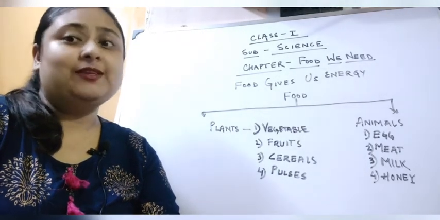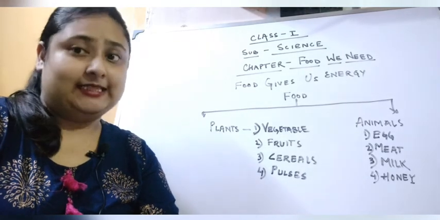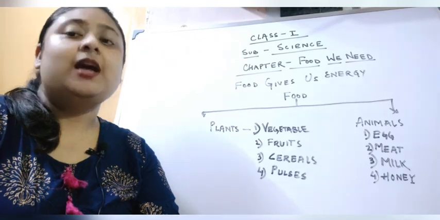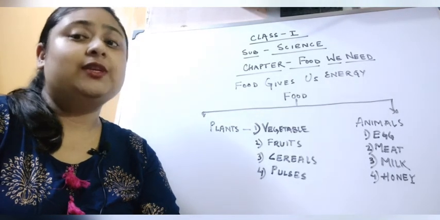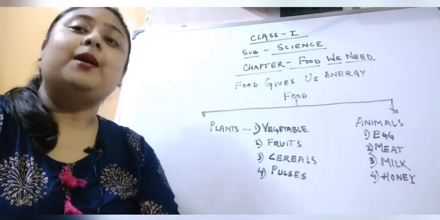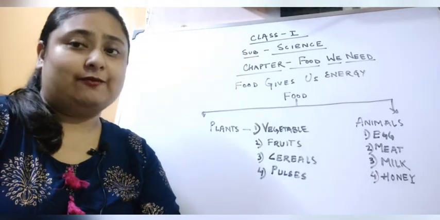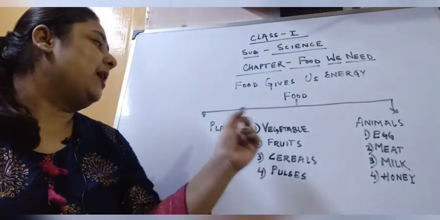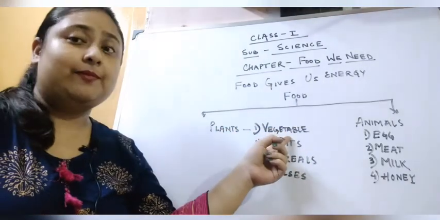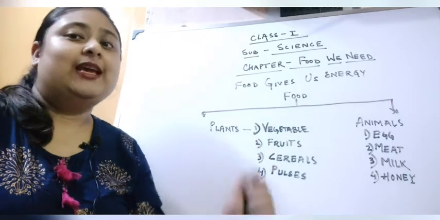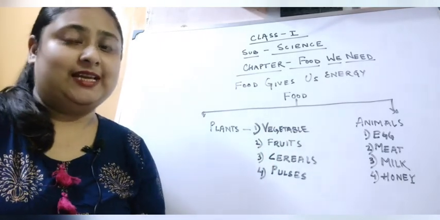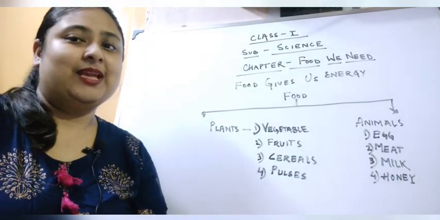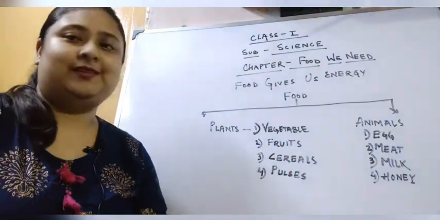There are two main sources of food. These are plants and animals. Now children, let's learn about the types of food that we get from plants and the types of food that we get from animals. Let's begin with plants. Number 1 is vegetables. Children, the different kind of vegetables that we eat, we get from plants. Next is fruits.